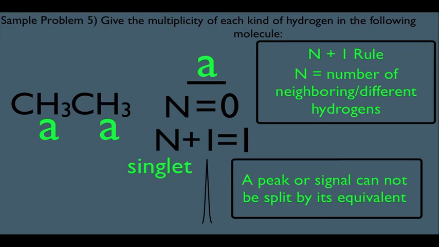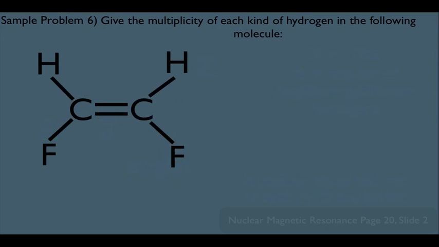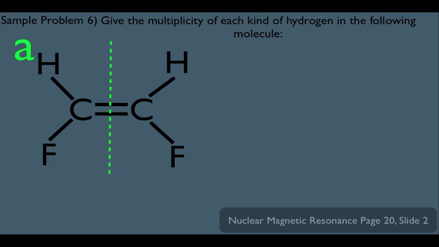So let's look at another example here. Again, what's the multiplicity for this molecule? Let's start right here and call this an A-type hydrogen, but notice we have a plane of symmetry, so this would also be an A-type hydrogen. And if we try to figure out the N value here, what is the N value for the A hydrogens?